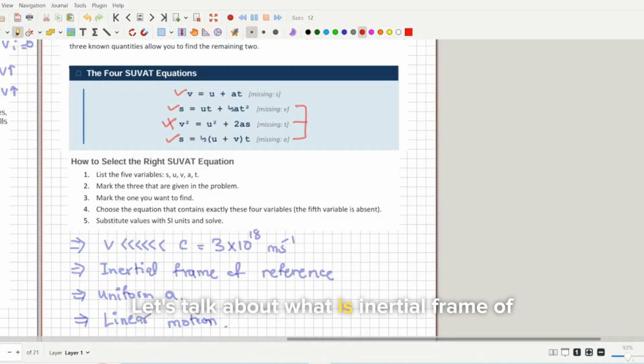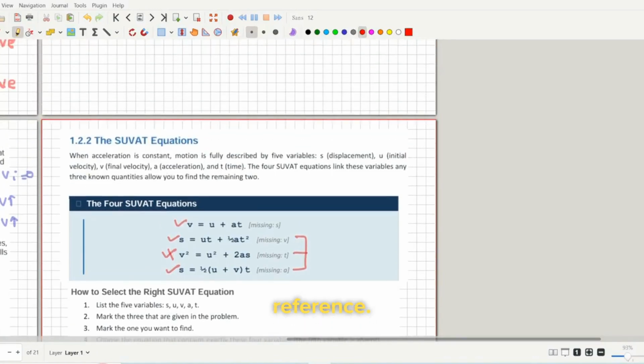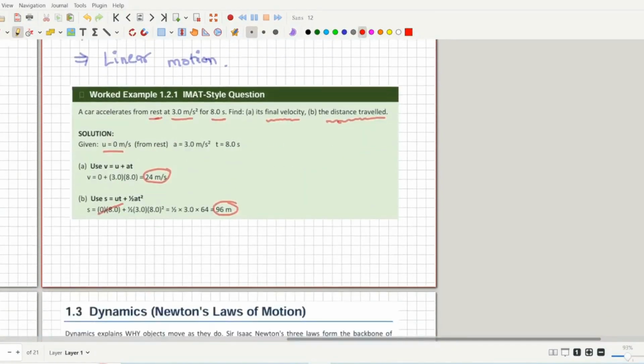Let's talk about what an inertial frame of reference is and what a non-inertial frame of reference is. First of all, an inertial frame of reference means that there is no acceleration.